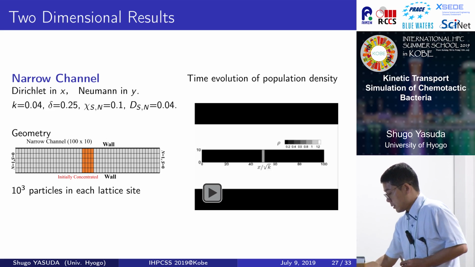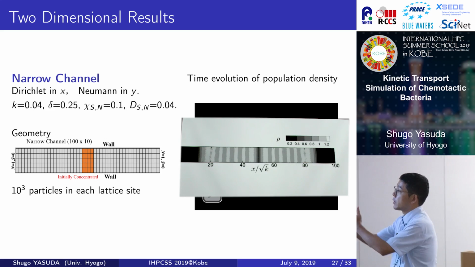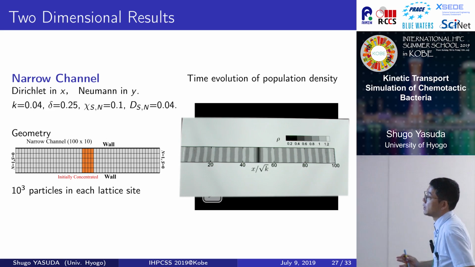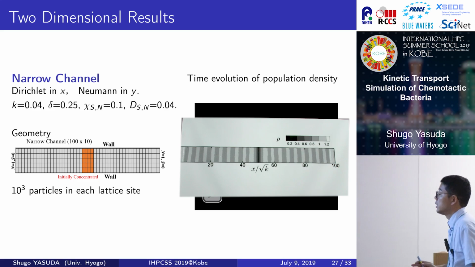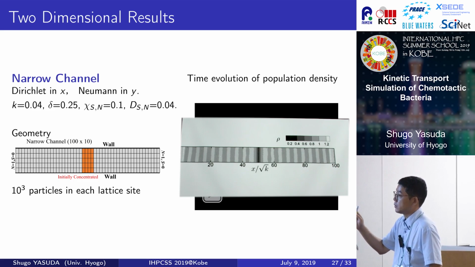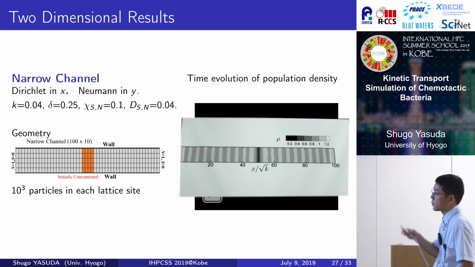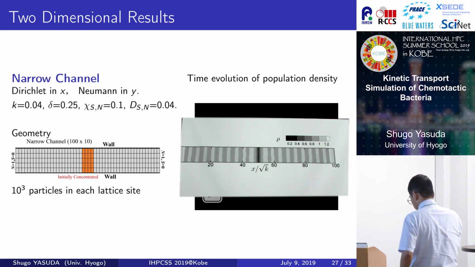Okay, this is the result. We can see that bacteria expand their population, and after the front of the population has passed, we can see the creation of a stripe pattern in the channel.